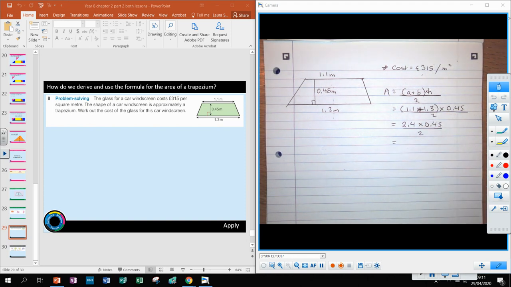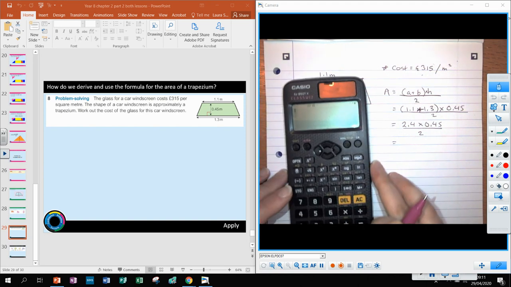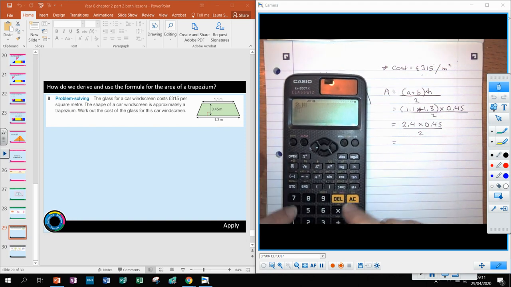All right, now we take our calculator and work that out. So fraction button, 2.4 times 0.45, all divided by 2.